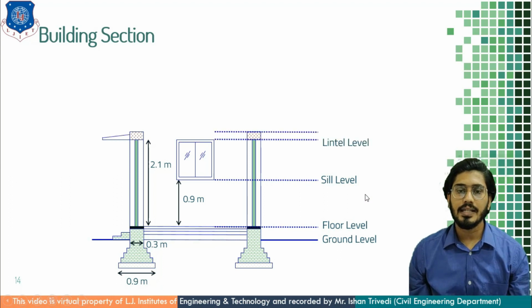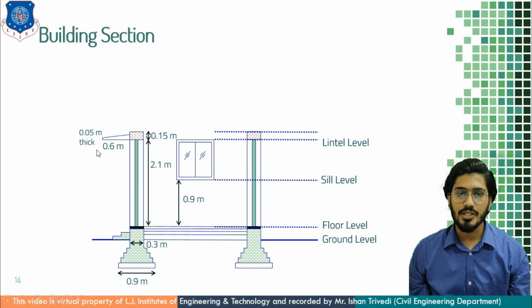Next is lintel level. As I said earlier, the lintel level is provided at window and door level. Here at the entry point I have shown a chhajja having a width of 0.6 meter, or you can say a projection of 0.6 meter, whereas the lintel height is 0.15 meter.